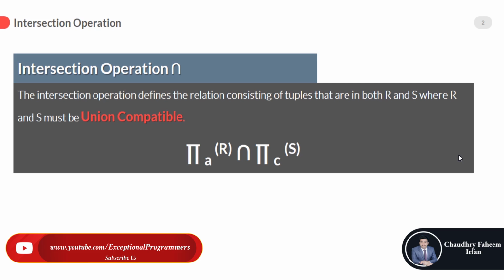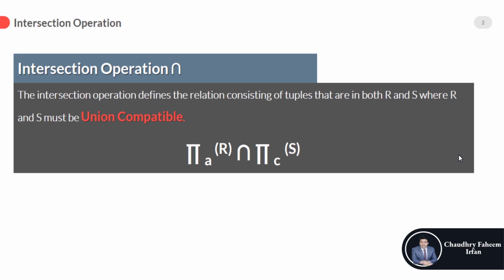The intersection operation is denoted by the intersect symbol. You know the union compatibility condition is that the schemas of the two relations should be the same, but it also depends on the DBMS. So by using the projection operation, we can select any column from any table.